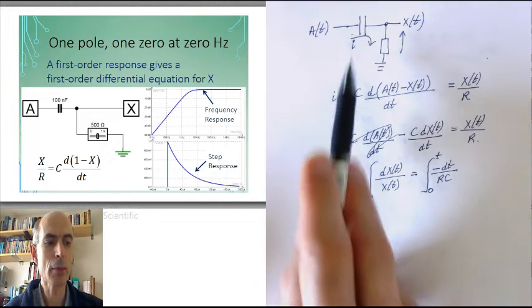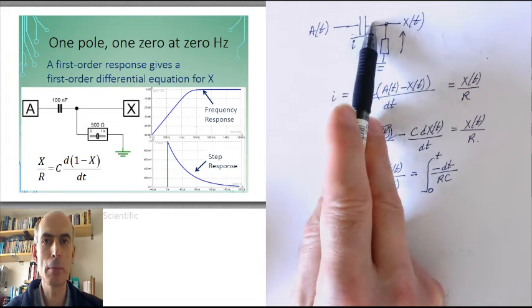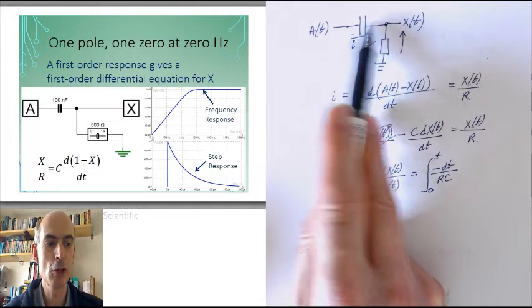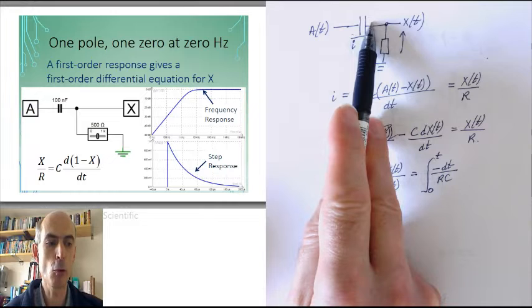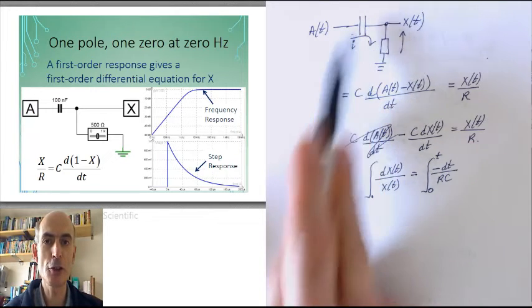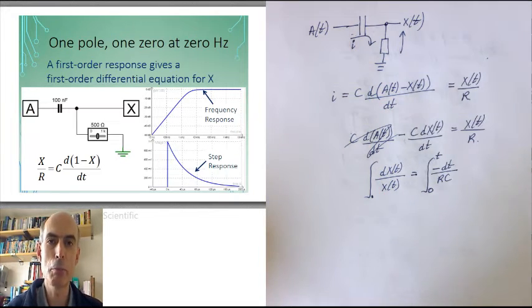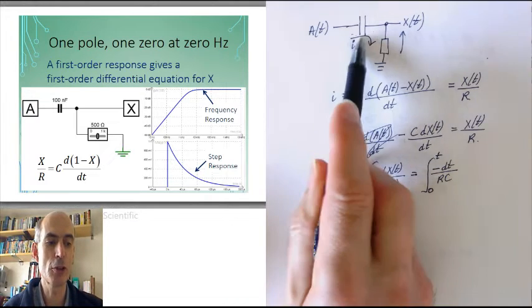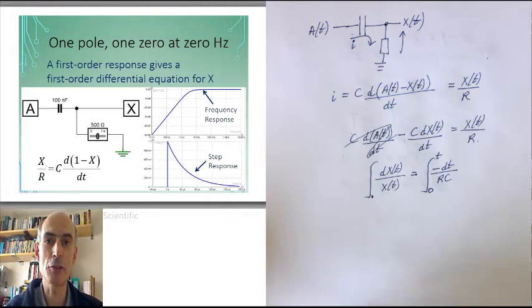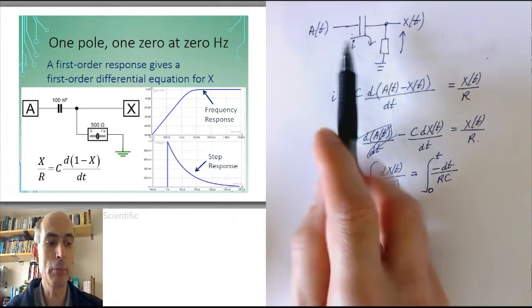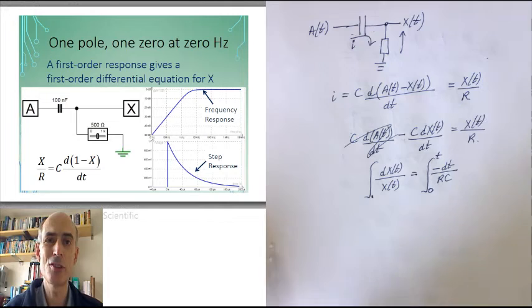Well, the voltage across the capacitor before the step arrived was 0. Therefore, the voltage across the capacitor just after the step has arrived must be 0 as well, because there hasn't been any time for any charge to move on or off the capacitor, so there hasn't been any time for the voltage across the capacitor to change.